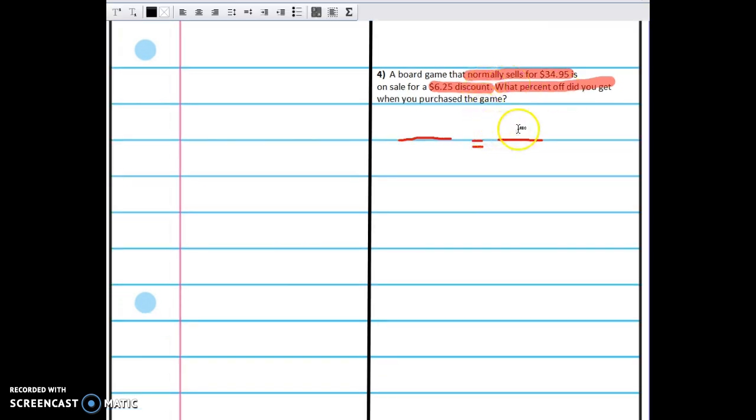This time we're solving for what percent, so it'd be x over 100. The amount of the discount is $6.25. The subtotal would be $34.95. So I told you a little while ago not to be in the habit of always putting 100 in x. Here's an example of when you would not do that.